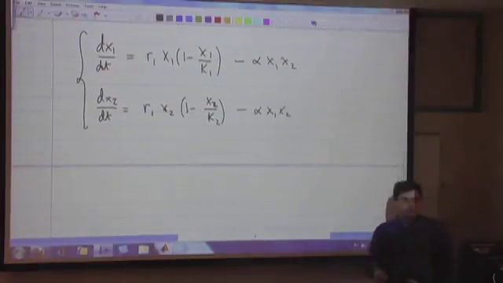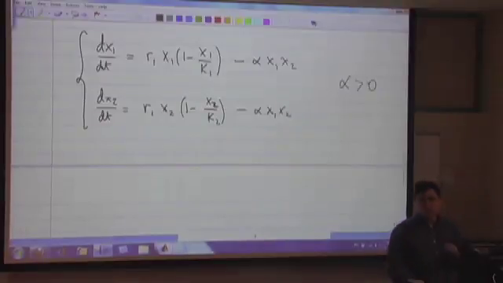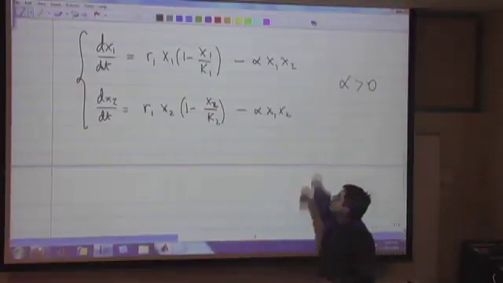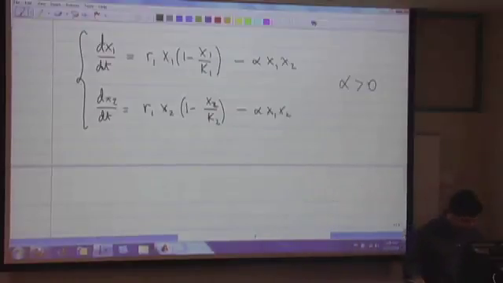Unless the Eskimos were collecting data in their own way, and we just don't know how to interpret that. So again, the most important thing for competing species is the fact that this term is negative. So we put a negative sign and we take alpha to be positive.